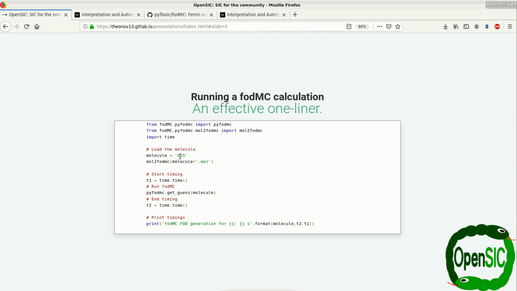We then define our molecule, in this case H2S, and transform the information of the corresponding mole file into FODMC input. We then start a timing and generate the guess using the FODMC, which is one line of code. We end our timing and print how long it took the FODMC to generate the guess for this molecule. In this case, it takes about 0.1 seconds.